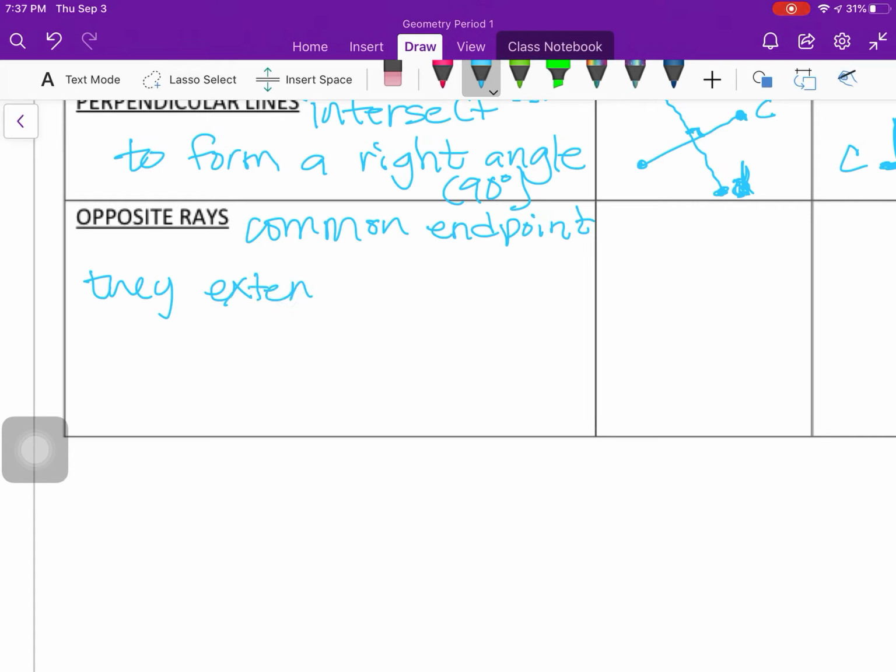They extend in opposite directions. Opposite rays also together form a line.